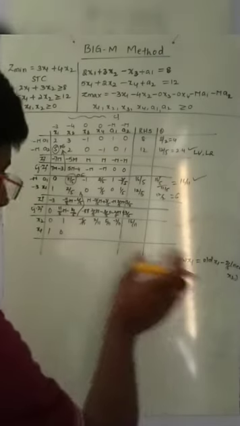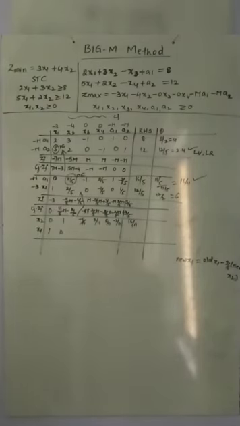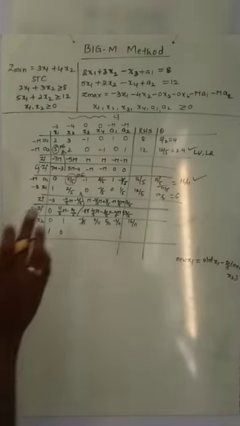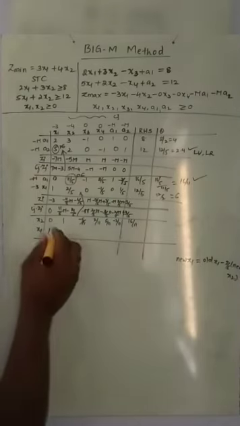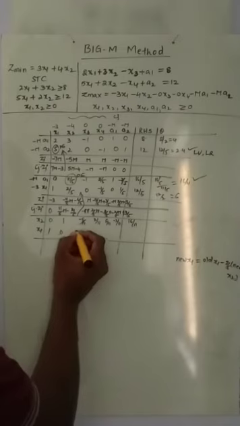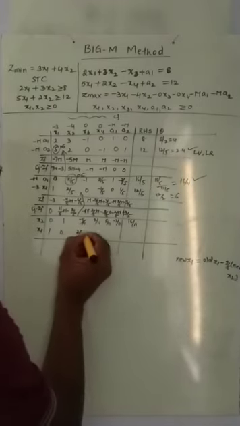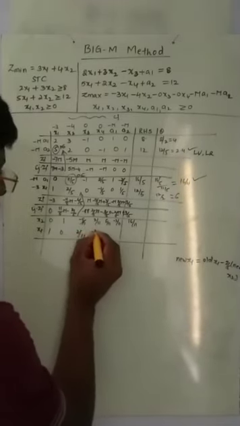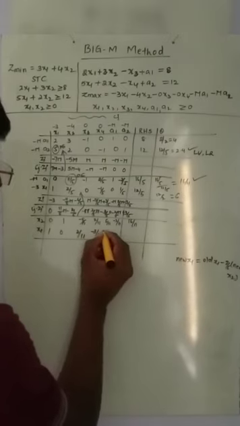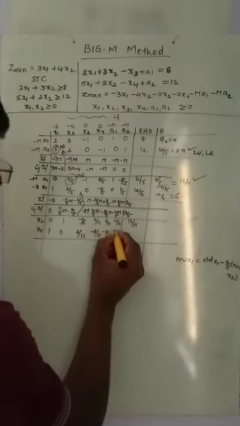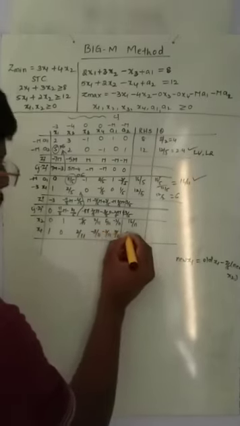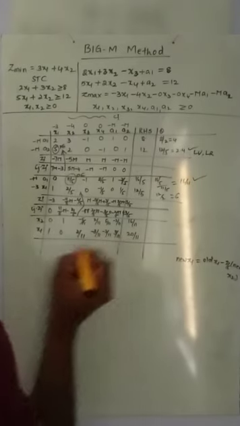You apply this formula, you will get the values. I'll write directly all the values because it is time consuming. You will get 2 by 11, 3 by 11, minus 2 by 11 and also 3 by 11. Finally, we will get 20 by 11 in this.